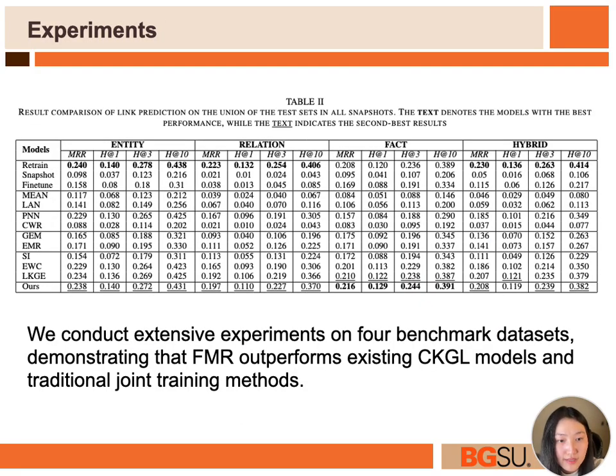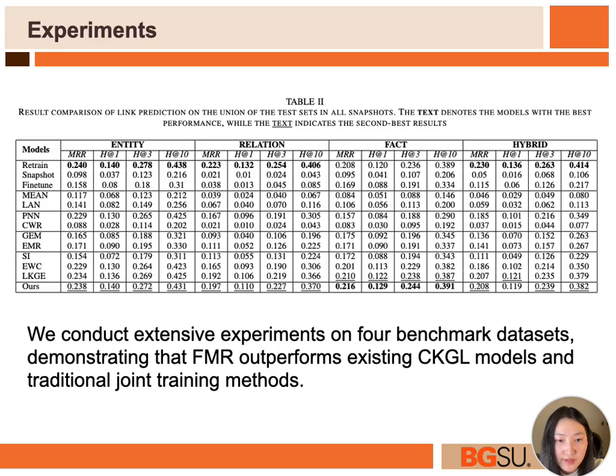We conducted extensive experiments on 4 benchmark datasets, comparing our approach against 12 competitive models designed for continual learning. These models are grouped into the following categories. The first one is the baseline models. This group represents different training strategies. First one is Retrain, which is the joint training.